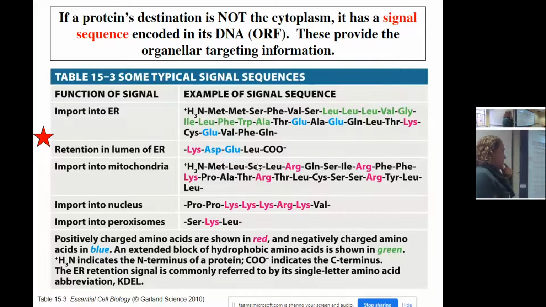The other note to make about this is if a protein has no tag at all, no signal sequence, it is going to take the default, it's going to go to the default location, which is the cytoplasm.